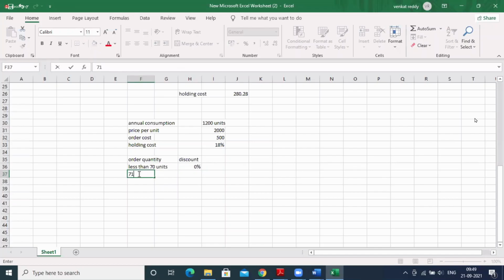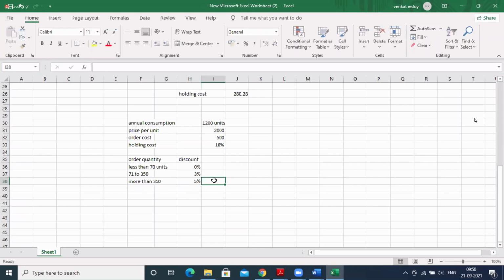If it is 71 to 350, then we can claim a discount of 3%. And if it is more than 350, then we can claim a discount of 4%, sorry, 5%.